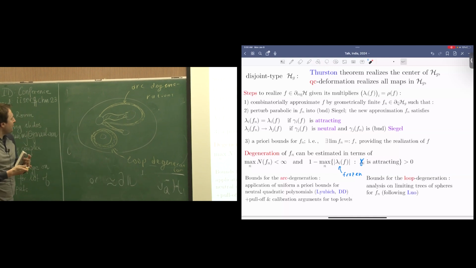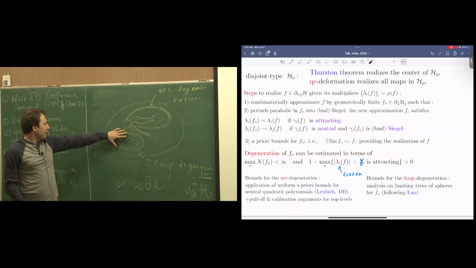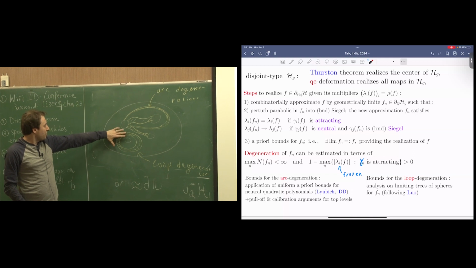And then they can be dealt with more or less by following some ideas from the original Thurston theorem. Meaning that if there is a loop degeneration, then we want to claim that there is an obstruction, and this obstruction also exists for a PCF model.